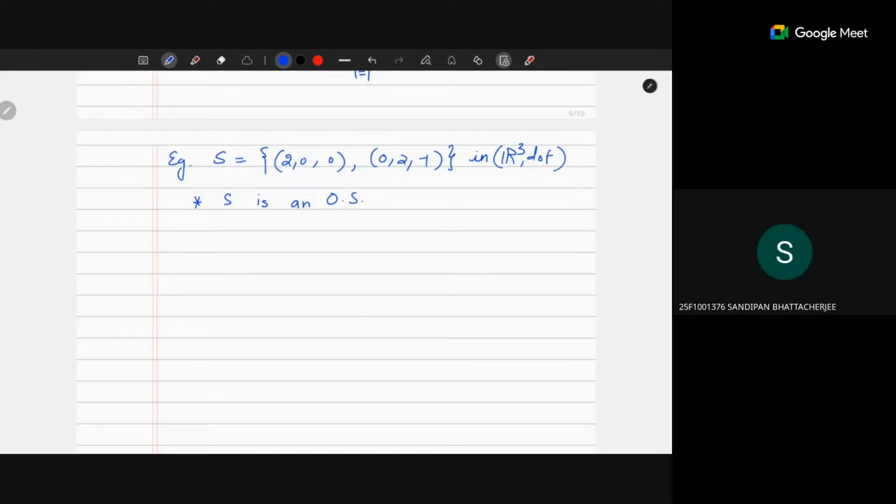We have already seen that, yes, it is. Now I would like to project the vector V, which is (1, 2, 3). Let me also define W to be the span of S.